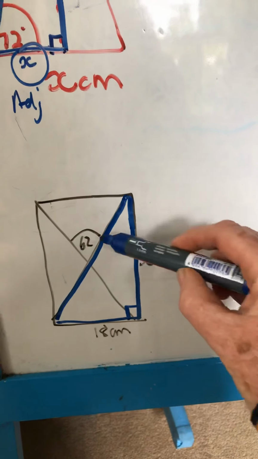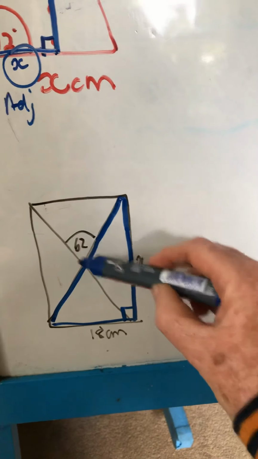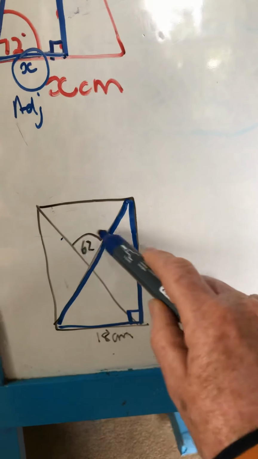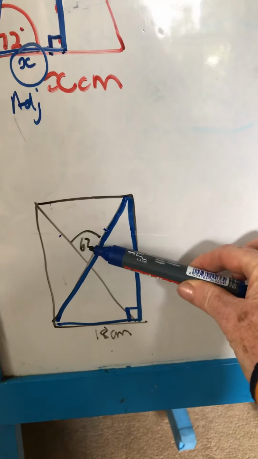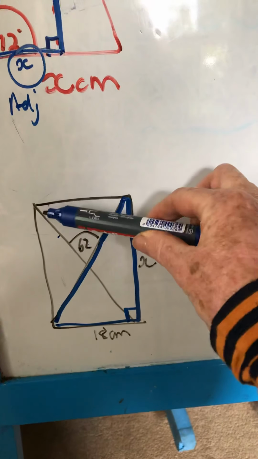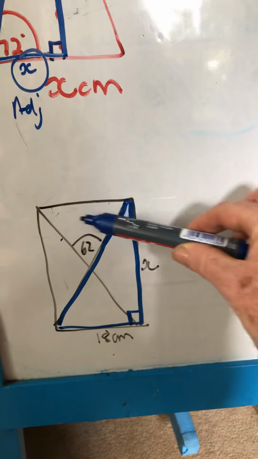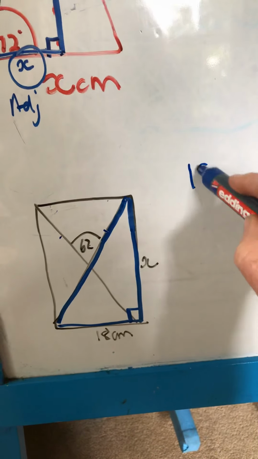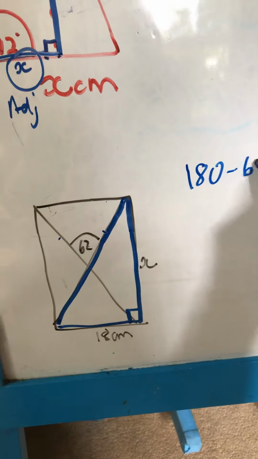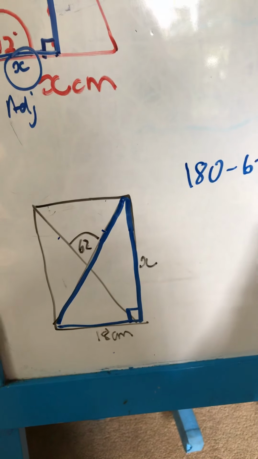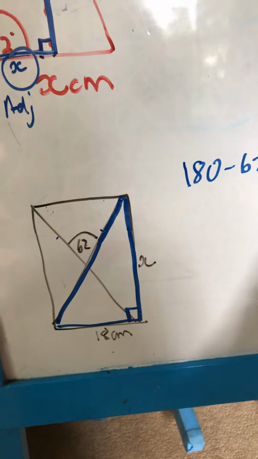Now, if we know that that's 62, what happens when you cut a rectangle like that is that we've got an isosceles triangle. So if this one is 62, we can figure out how big these two angles here are. We'd have to do 180 take away 62, that's a whole triangle, take away this top one, leaves us with 118.